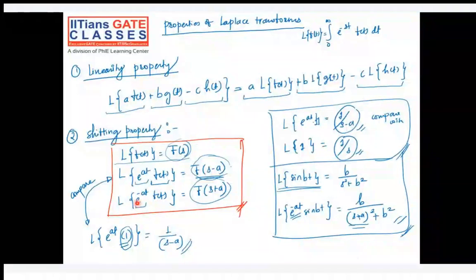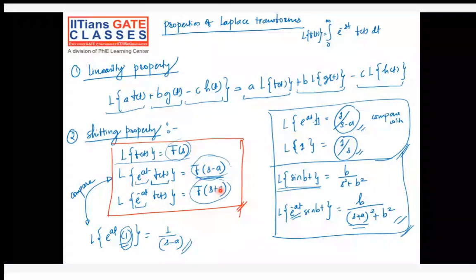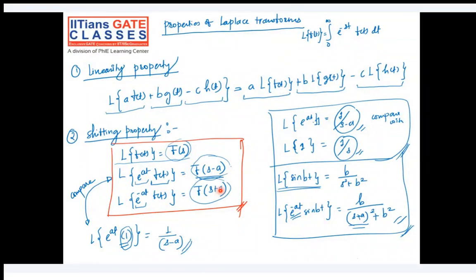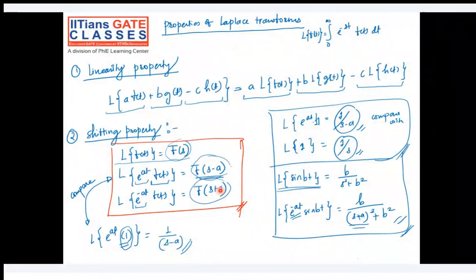If it is e to the power minus at, you will have f bar of s plus a. Is this concept clear? Properties are important, that is the main thing in this chapter. If you know the property, you don't have to worry. If it is clear, then I'll move to the next property.